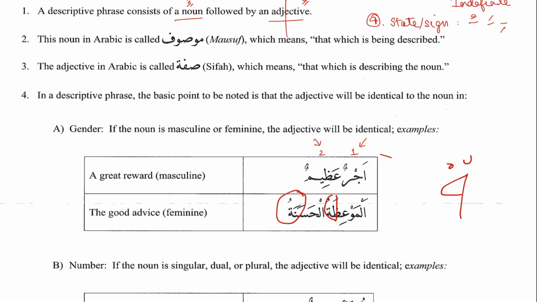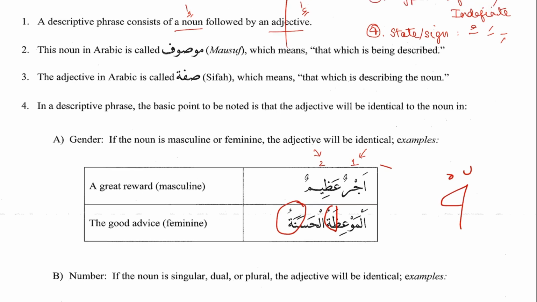Azim, a great reward: ajrun azimun. Here the sifat, azimun, great, really great, is the description of the noun that it follows, ajrun.